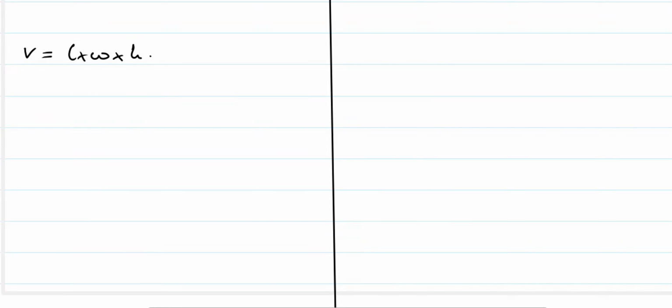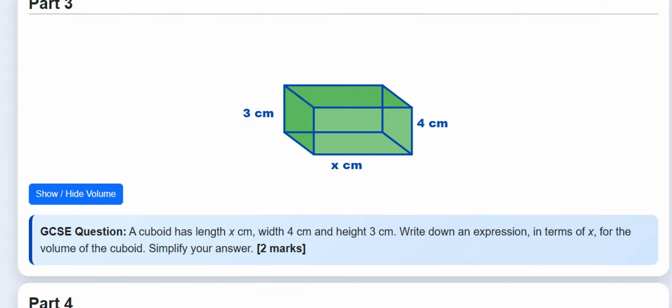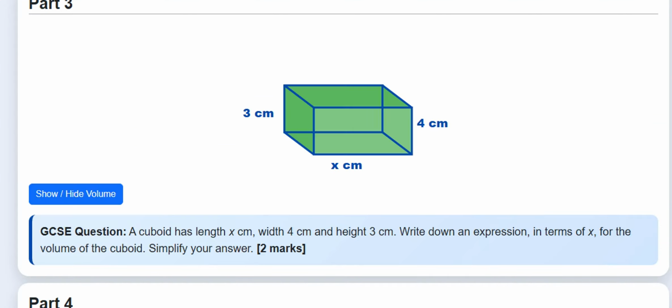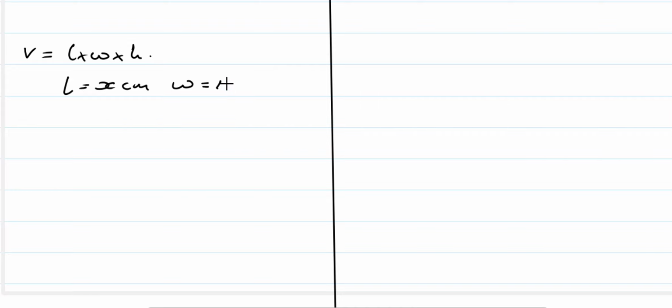So here we are told the length of that cuboid is x centimeters, the width is 4 centimeters, and the height h is 3 centimeters.